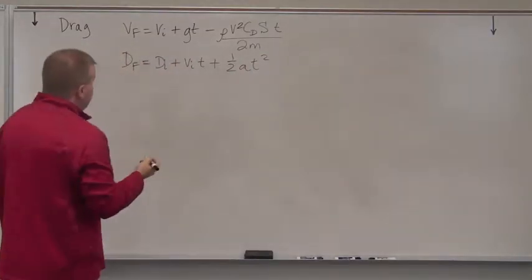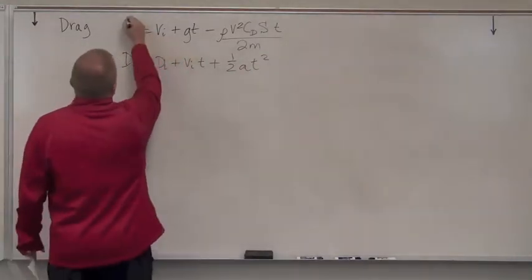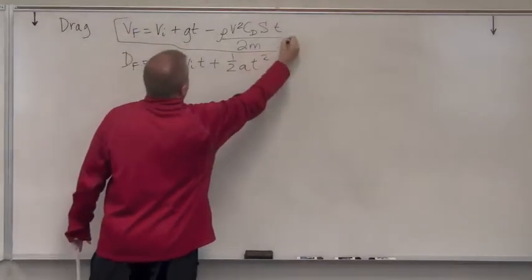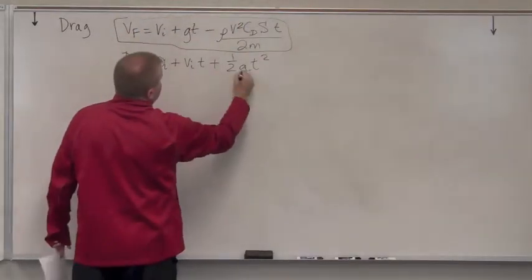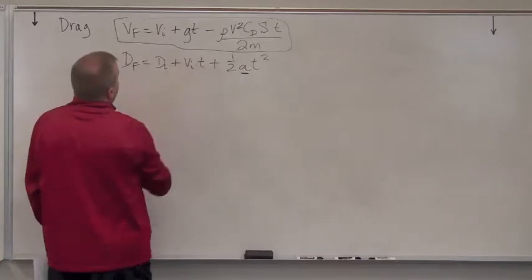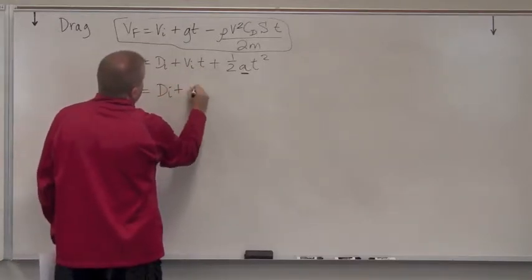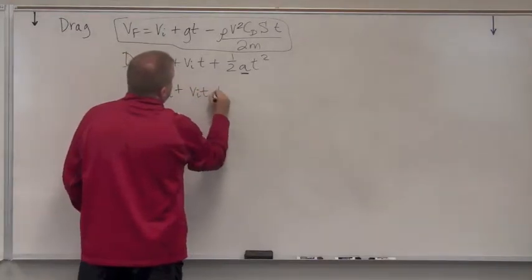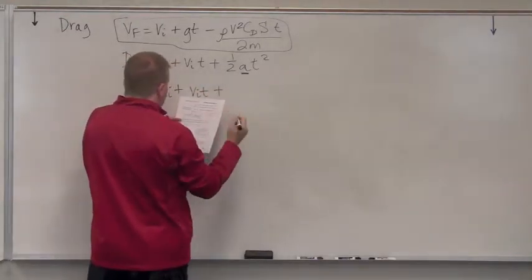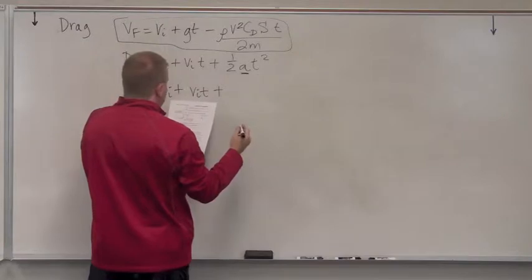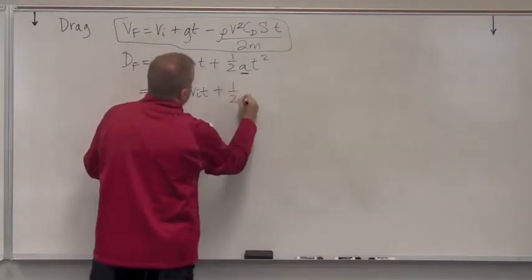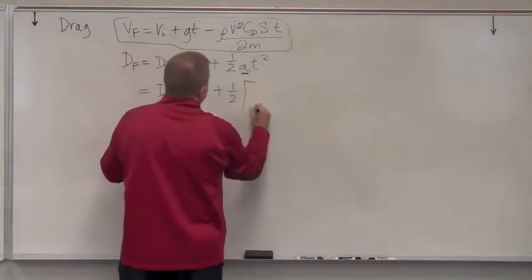So you can use both of these. We've already got this one in the form that we need it in. So we need to actually put this one, because of that A term and this V sub i. So what you've got to do is put D_i plus V_i t plus, and then you need to change it to this A, which is, oh crap, I'm going to try to do this without doing it.